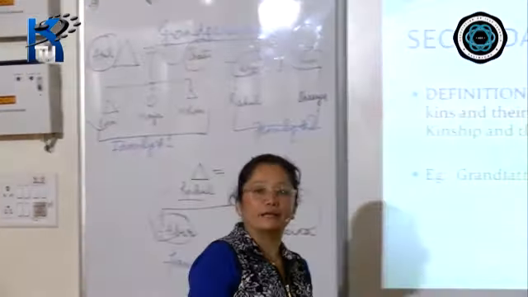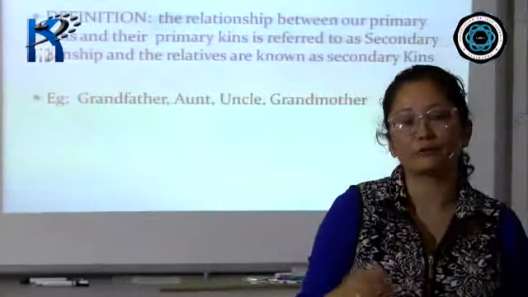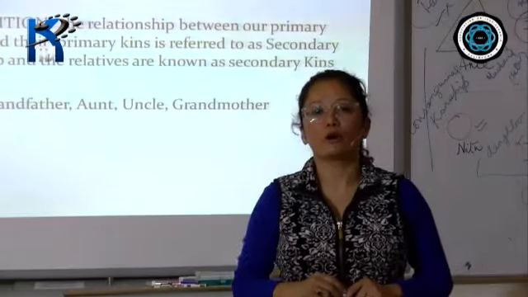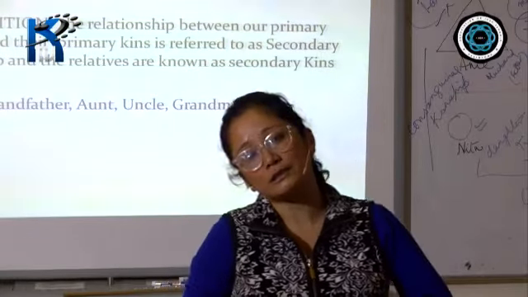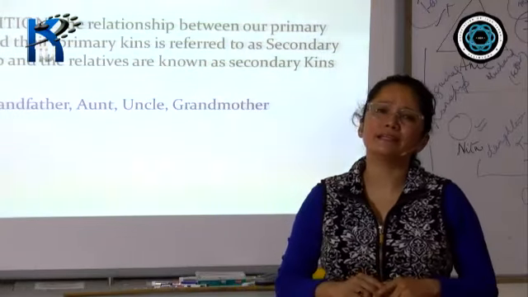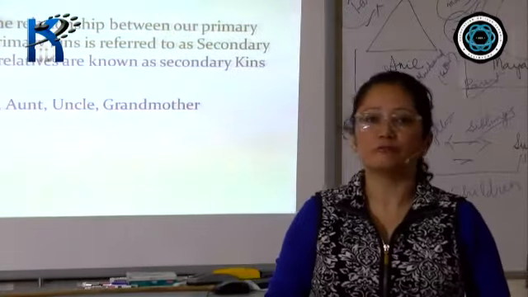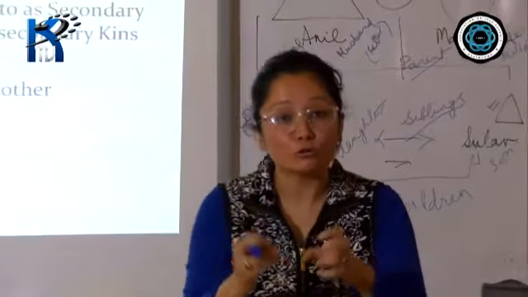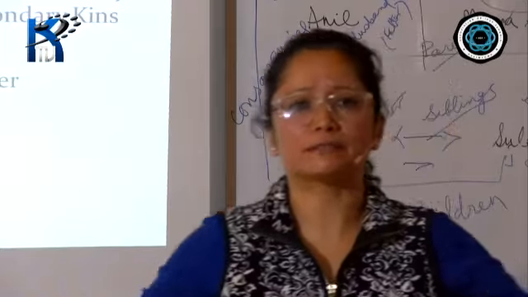Now let's come to the relationship. With our parents, we are very close. I have often discussed, we fight with them also. But with grandparents, because most of the children nowadays, that's what I've seen, do not stay with the grandparents. That's why they see the grandparents only once in a while, or probably they are not very, very close with the grandparents, etc. Aunt also, because of the distance.